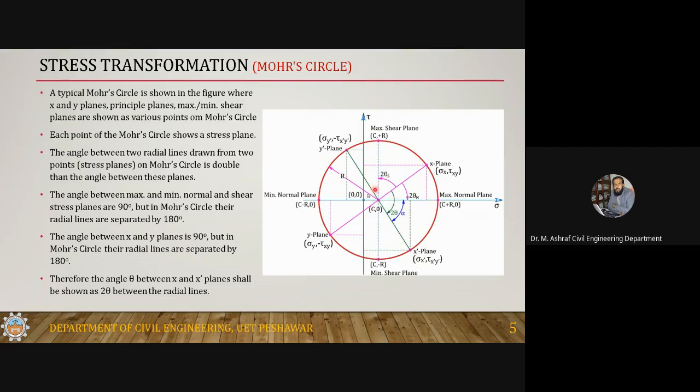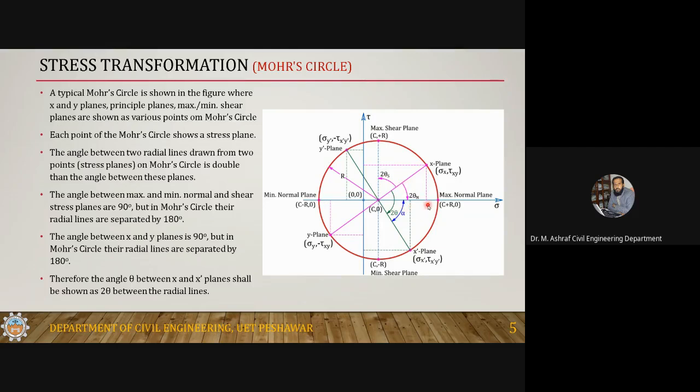The angle between them is 180 degrees. So we concluded that the angles in the Mohr circle are double the actual angle. Now, since this is a radial line from the x-plane and this is the radial line from the principal plane, this angle should be double the actual angle.